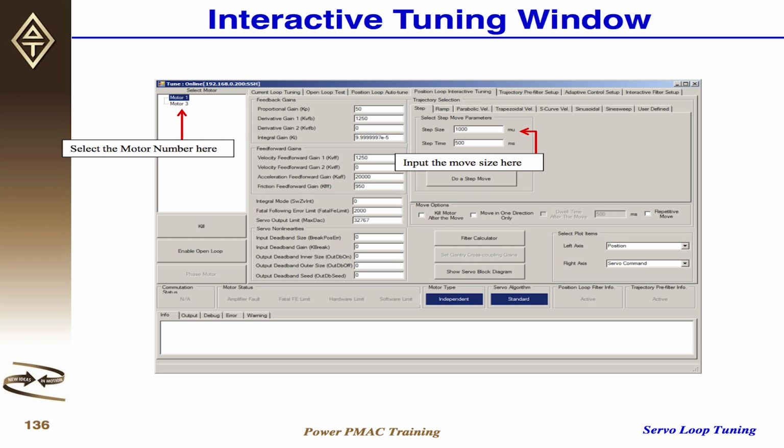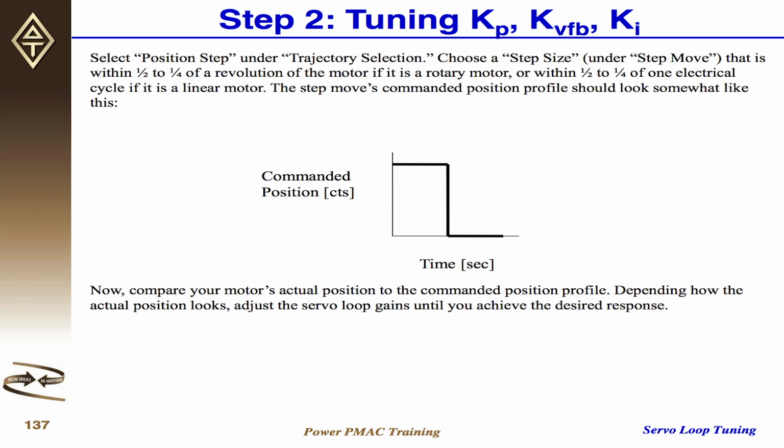So if you need to, for example, move 1 meter in half a second, you can figure out how many counts represent your meter and write that under move size in motor units, and your time would be 500 milliseconds. If you tune to the most challenging move you expect your system to experience, then easier moves should be totally possible.